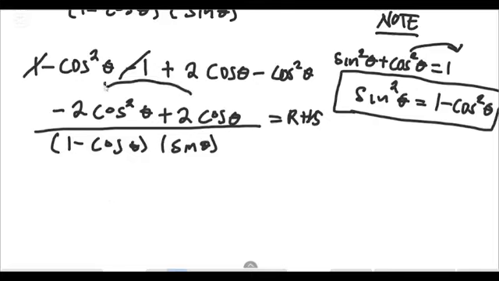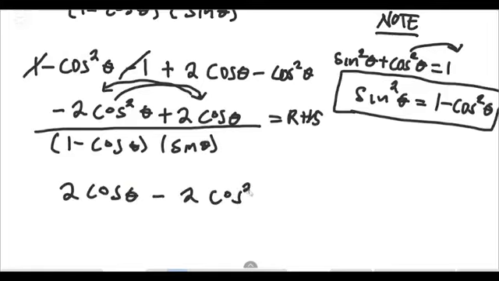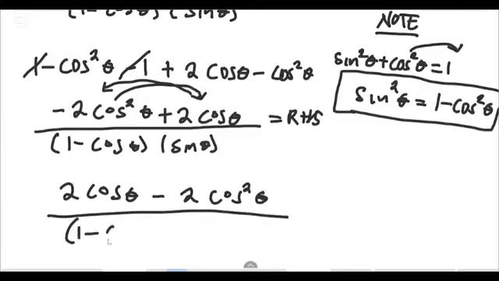So we have 2 cos theta minus 2 cos squared theta divided by 1 minus cos theta, again we have sine theta, then is equal to the right hand side.